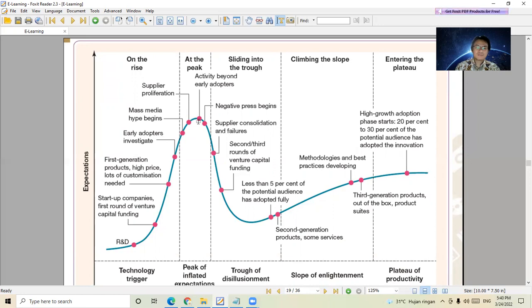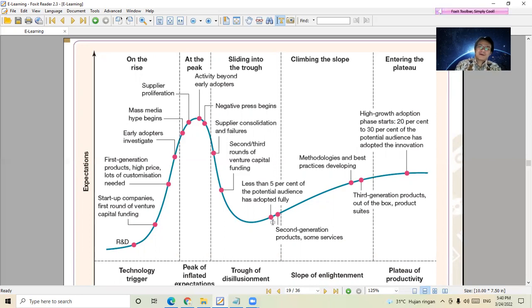A lot of customers already try to buy the technologies, and after the peak, it begins to slide down, and there's a second generation of products. That's why we have different generations of products, from iPhone 4, iPhone 5, now iPhone 13. That's the generation of products.